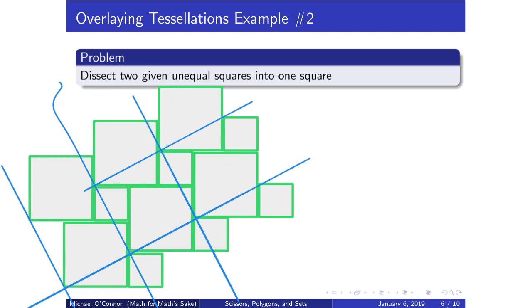So this gives, and then if you focus in on this square here, you can see how to dissect it into 1, 2, 3, 4 pieces, which then can be rearranged to give you the two unequal squares.